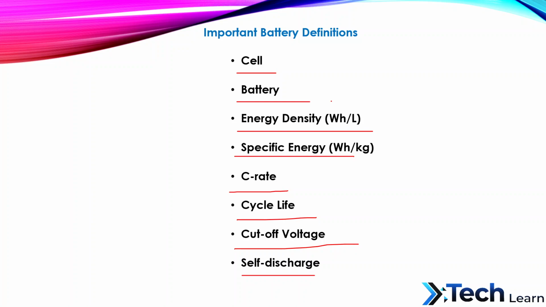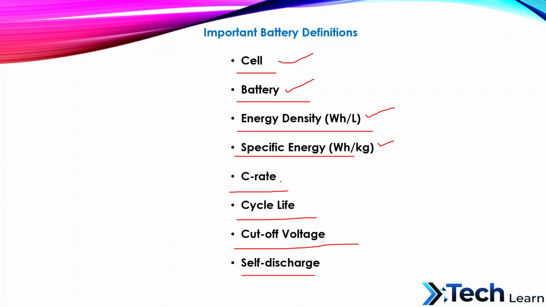A cell is the basic electrochemical unit. A battery may consist of one or more cells. Energy density refers to the energy per unit volume. Specific energy refers to energy per unit weight, per kg.